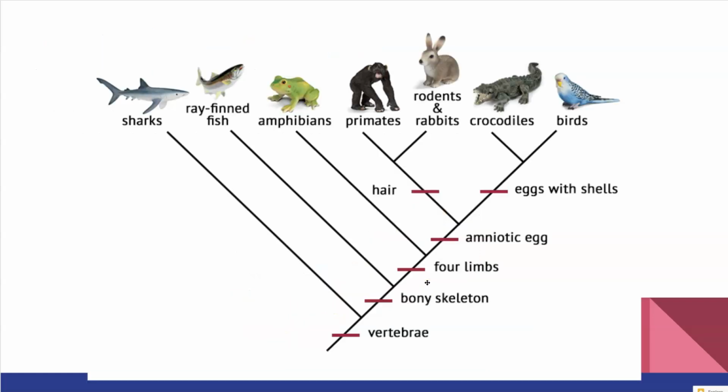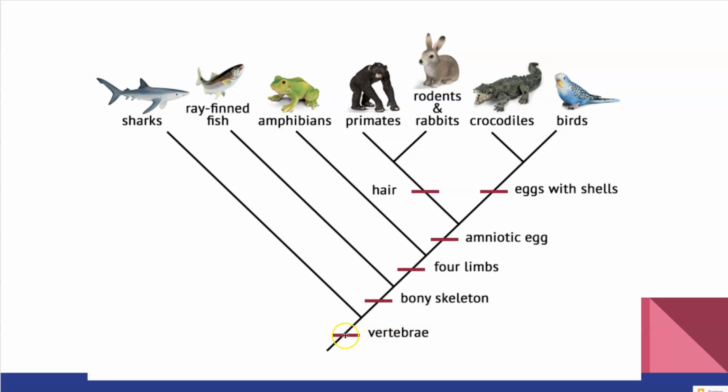So let's look at an example. Okay? So a whole different array of organisms, all organized in a different way than the previous one. Okay? So sharks, ray-finned fish, amphibians, primates, rodents and rabbits, crocodiles and birds. The characteristics are on red lines in this case. Okay? So vertebrae, okay?